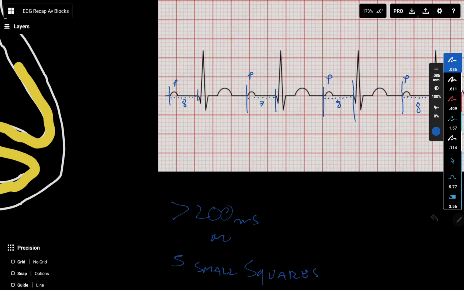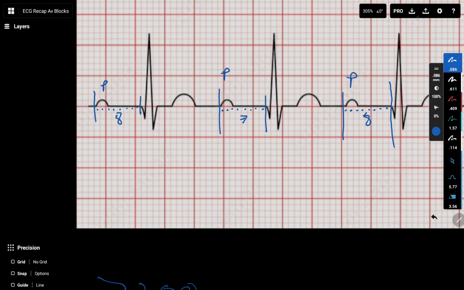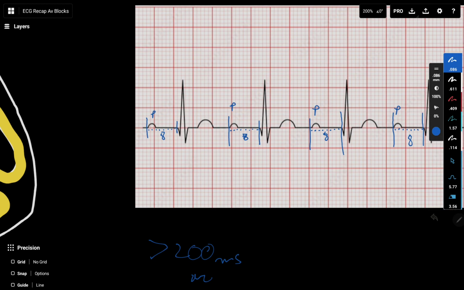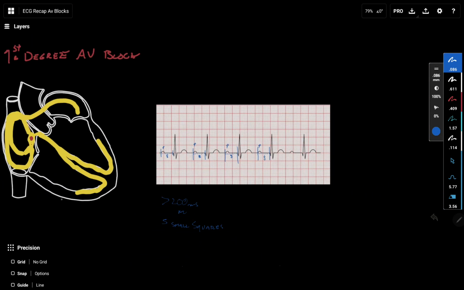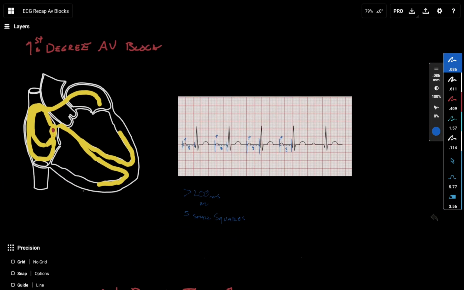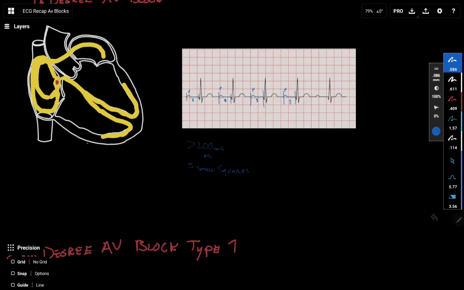As you can see here, which actually I just noticed that here I skipped one. So it actually makes 8 as well. Brilliant. So that is your first degree AV block and is due to a delay in conduction in your nodal cells.